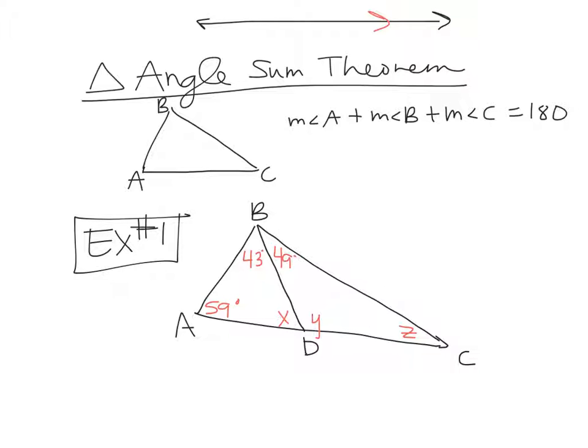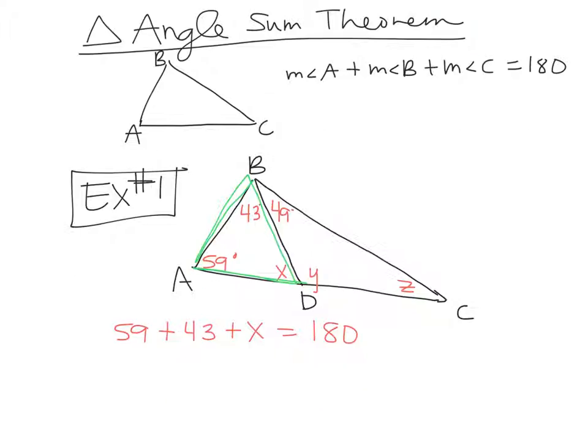Right. So you take the 3 angles and you add them together and set it equal to 180. So that means 59 plus 43 plus X, right? That's the 3 angles of this triangle. If I just look at that triangle right now, those 3 angles are 59, 43, and X. If I add those together, because they make a triangle, they should add up to 180.